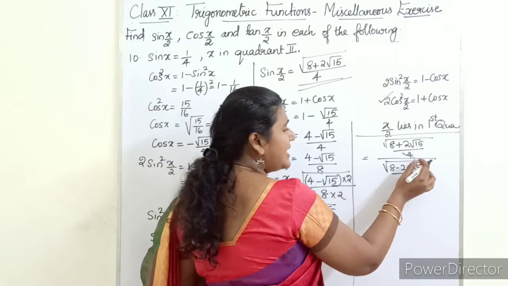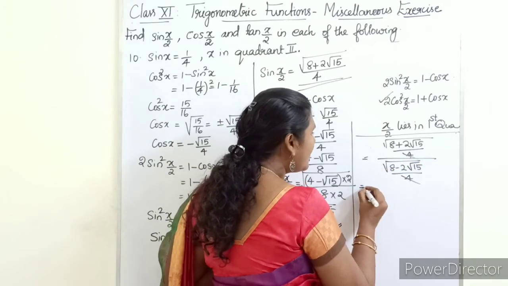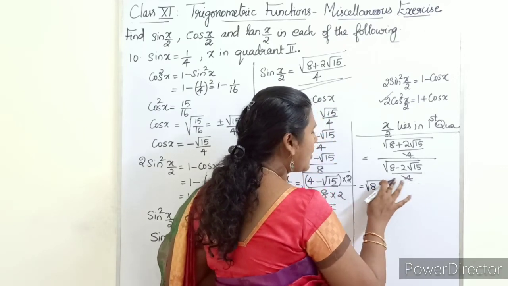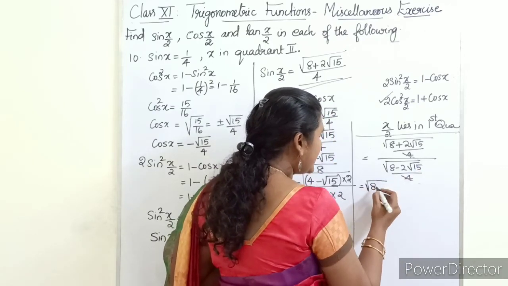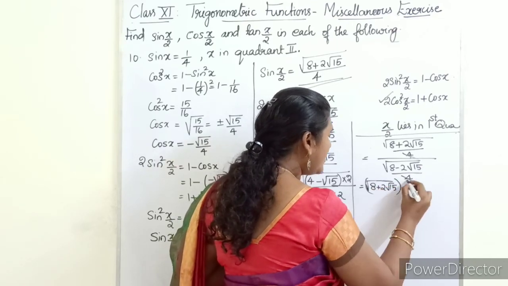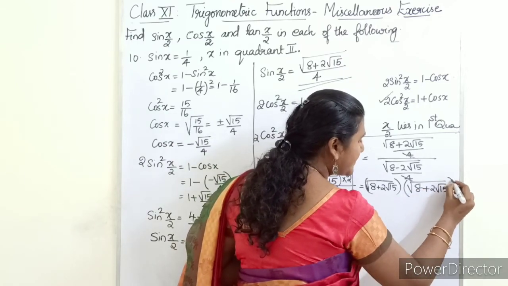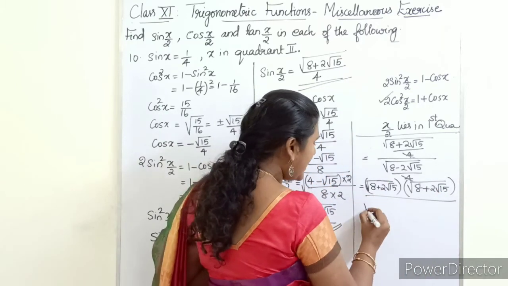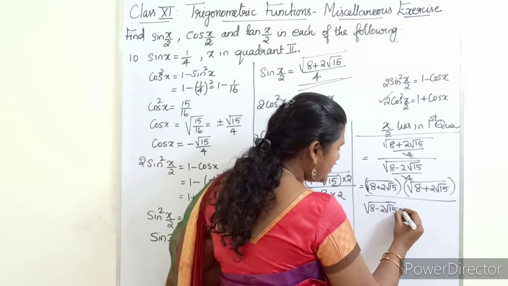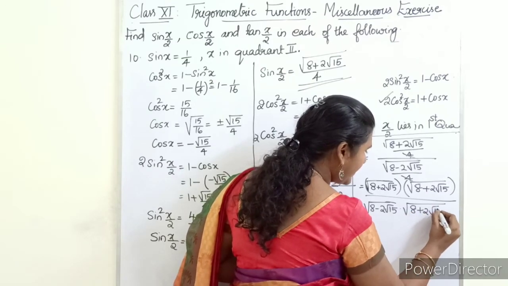Now again you see here, in the denominator we have an irrational number, so we will rationalize this. Rationalize means we will multiply with the conjugate of this number, that is root of (8 plus 2 root 15), in both numerator and denominator. Numerator: root of (8 plus 2 root 15) into root of (8 plus 2 root 15). Denominator: root of (8 minus 2 root 15) into root of (8 plus 2 root 15).